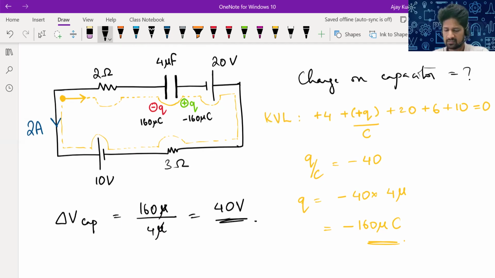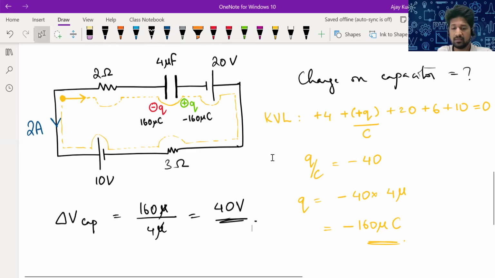It is dominating the other batteries also. Fine. So this is how you apply KVL in circuits involving capacitors. You assume some charge on the plates, and as you move from one plate to the other, the potential change is expressed as negative of charge on the first plate divided by C.